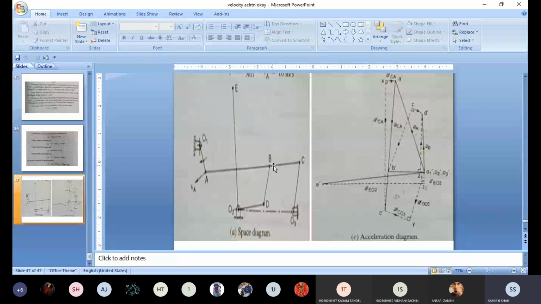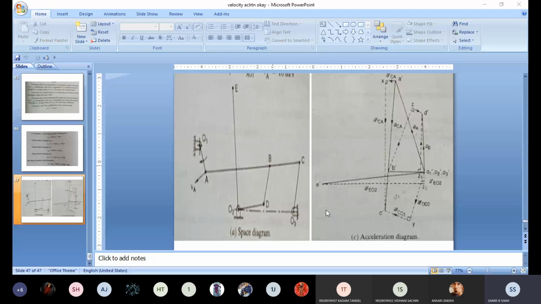As we already mentioned in the velocity diagram, what is the equation? A dash B dash by A dash C dash. I repeat, I mentioned in the chat box also, so it's easy for you to find A dash B dash.